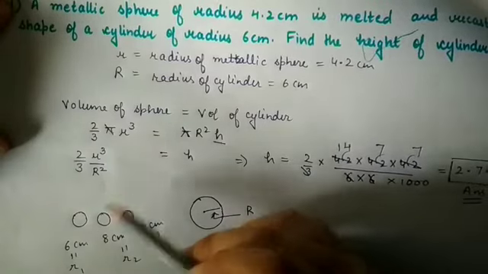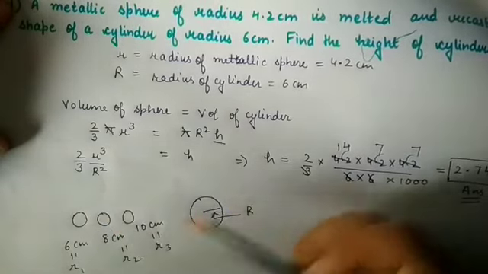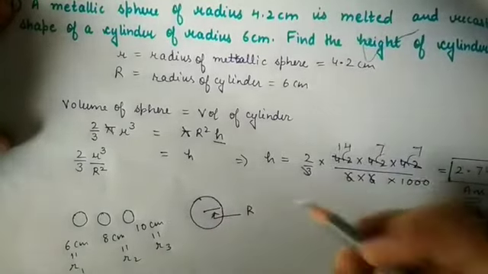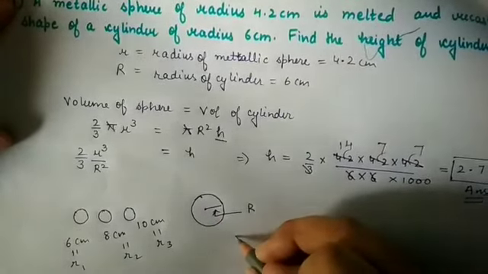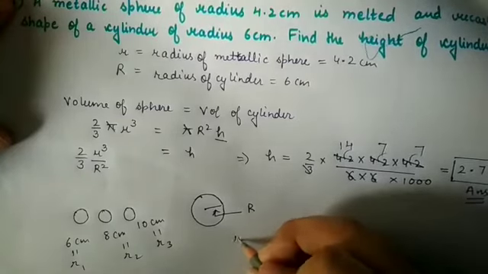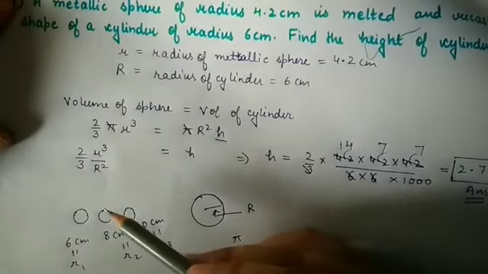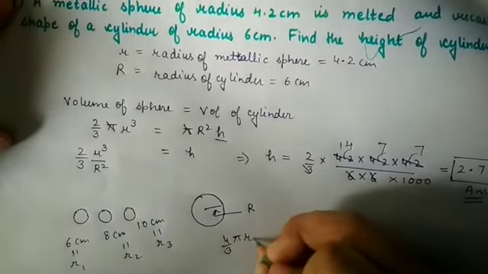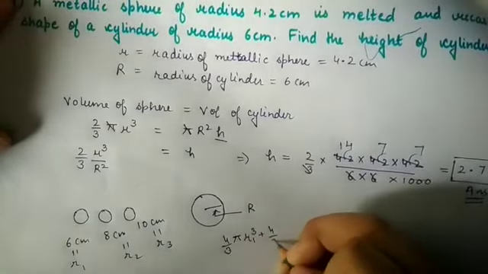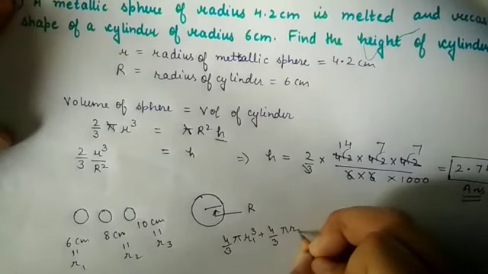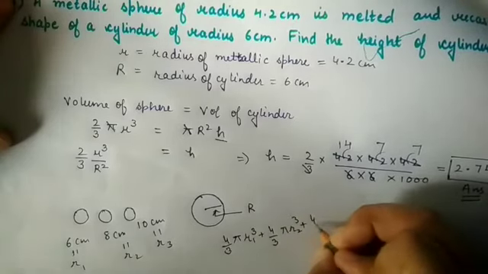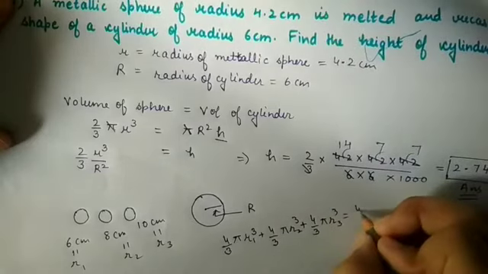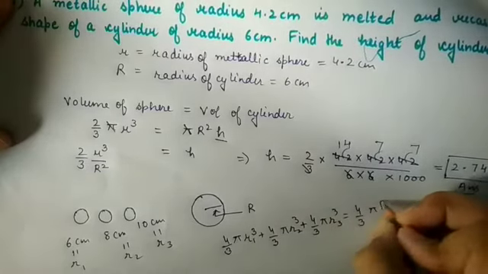Because these three are melted to form this, so volume of these three and this large sphere would be equal. So you will say volumes to be equal. What is the formula for finding the volume of sphere? It is 4/3 pi r cube. So 4/3 pi r1 cube plus 4/3 pi r2 cube plus 4/3 pi r3 cube will be equal to 4/3 pi R cube.